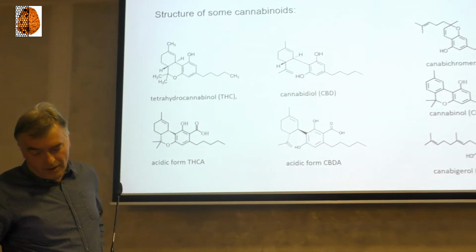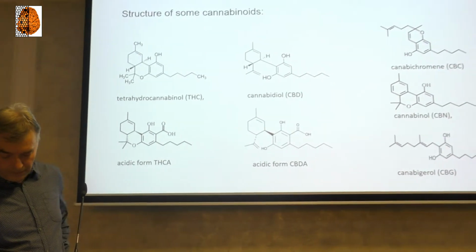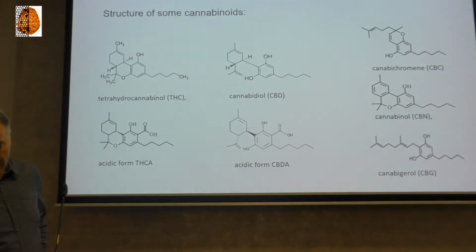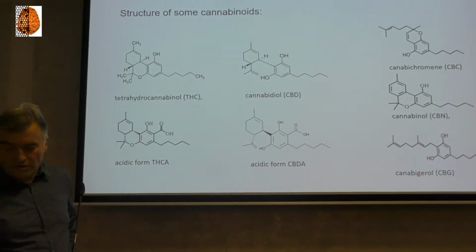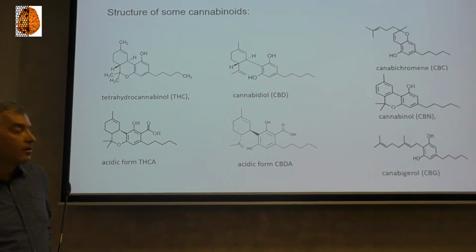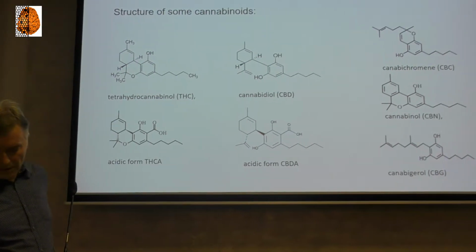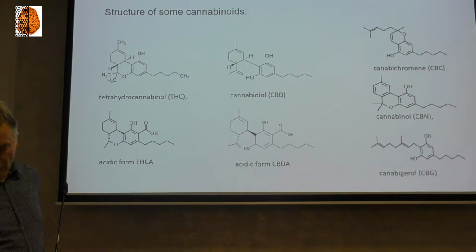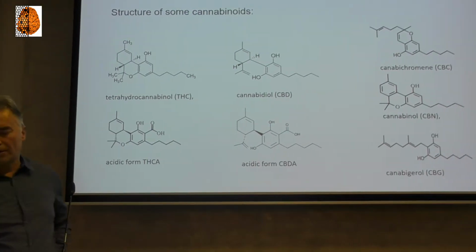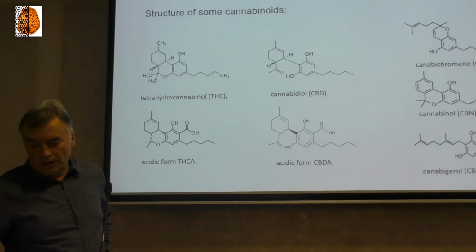In the case of chemical analysis of hemp, we are oriented mostly on cannabinoids, which were mentioned before, and some of them are more important and found in a larger amount.